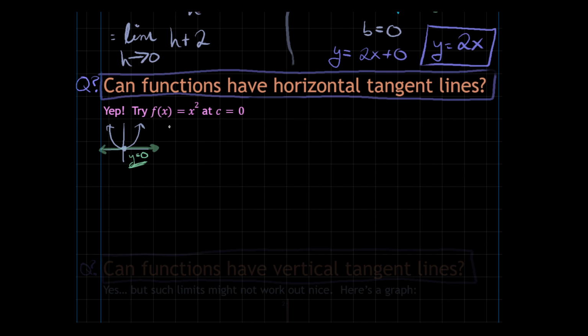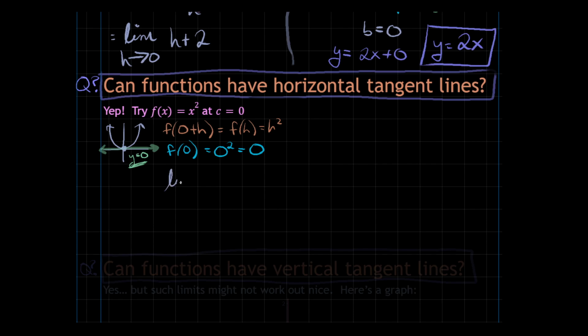Alright, let's set this up. F of 0 plus h is just f of h, which is h squared. F of 0 equals 0 squared, which is 0.